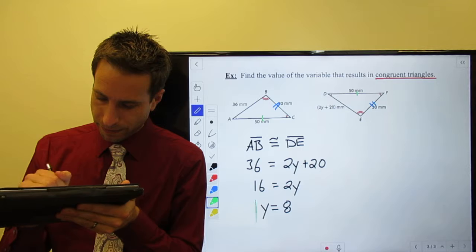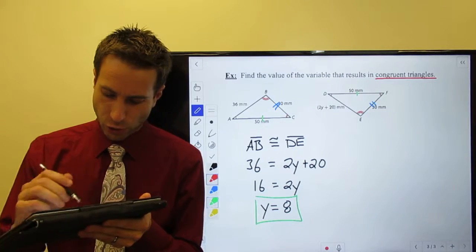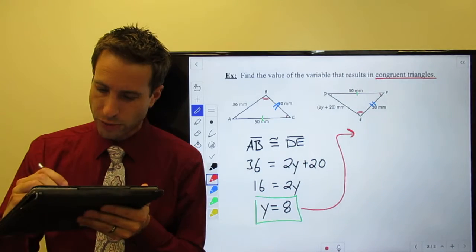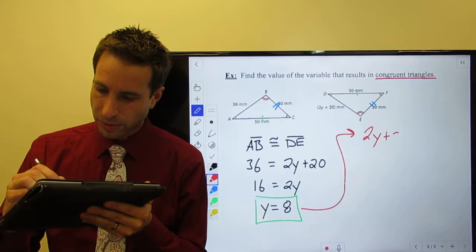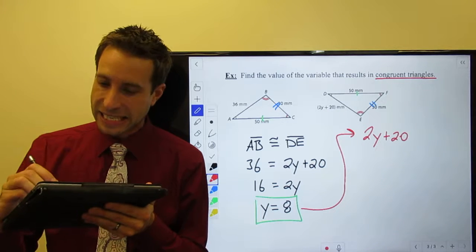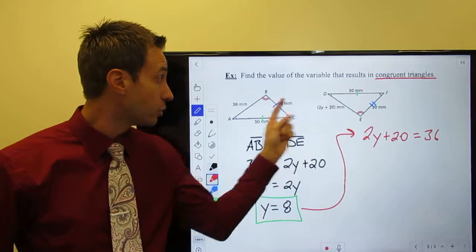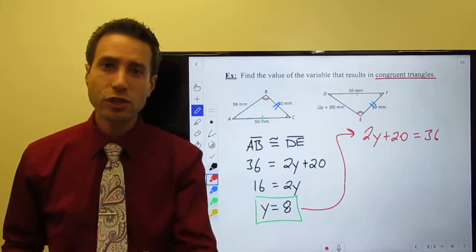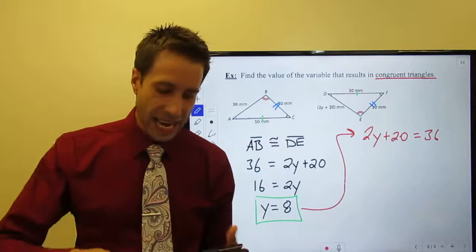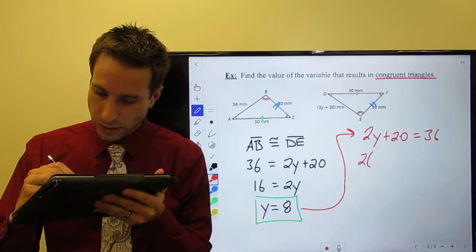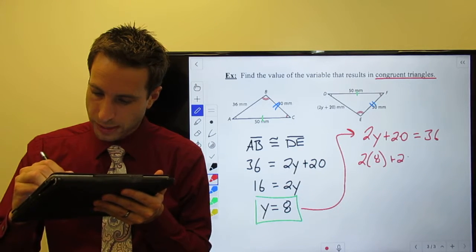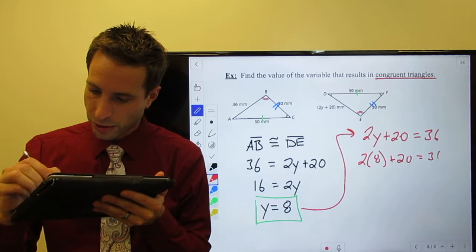Well, let's go ahead and just check our answer real quick. Here's how I'm going to do that. 2y plus 20, right, needs to be equal to 36, right? These two sides have to be the same. Well, let's just check it and see. I'll drop an 8 in there for y. 2 times 8 plus 20. That's got to be equal to 36.